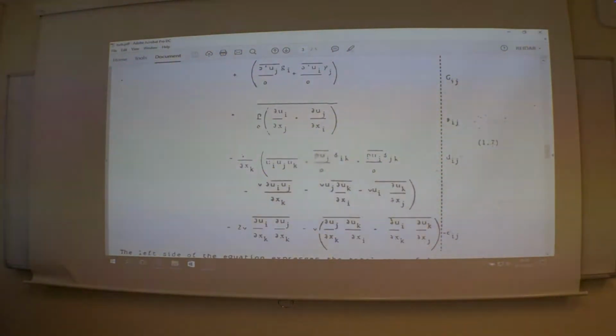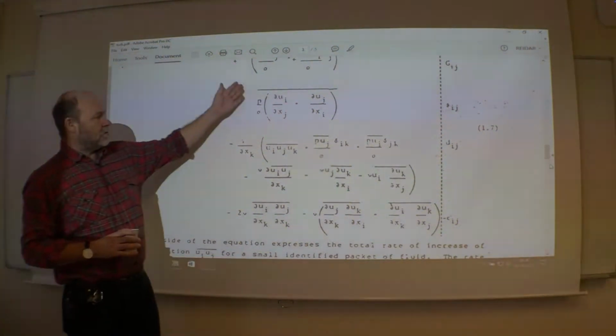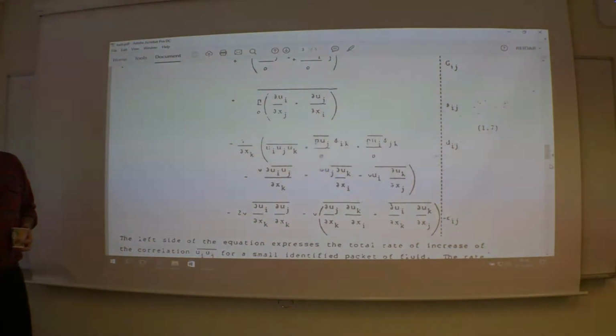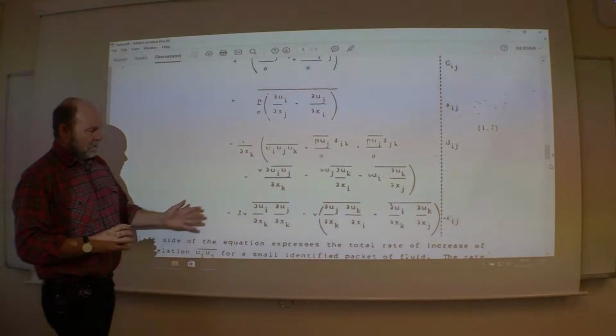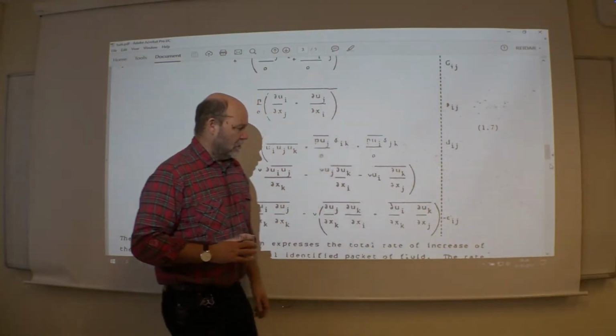You have no chance to calculate these quantities correctly. They are way too complex. So it has to be modeled anyway. So yes, you could start here, but you won't really get anywhere. For instance here, this one we call epsilon.